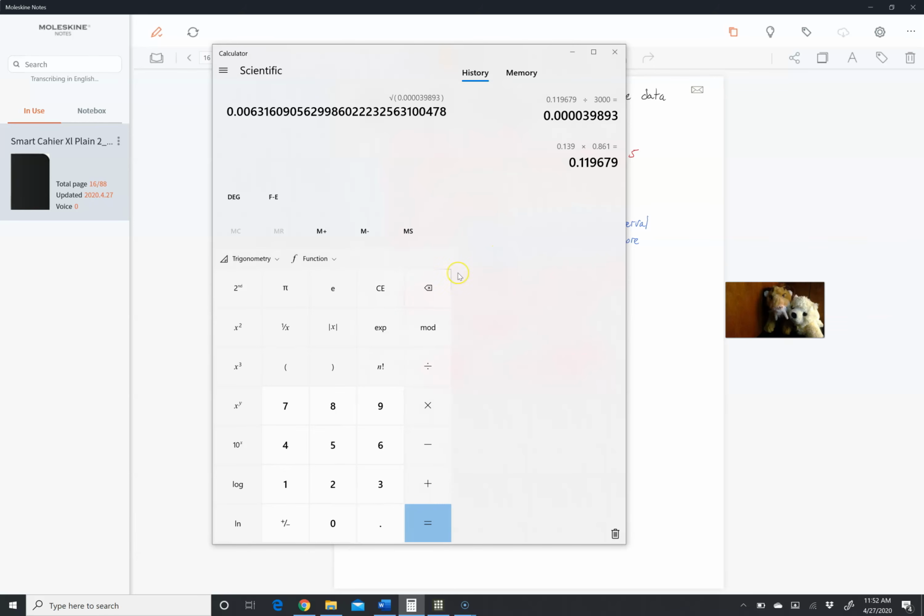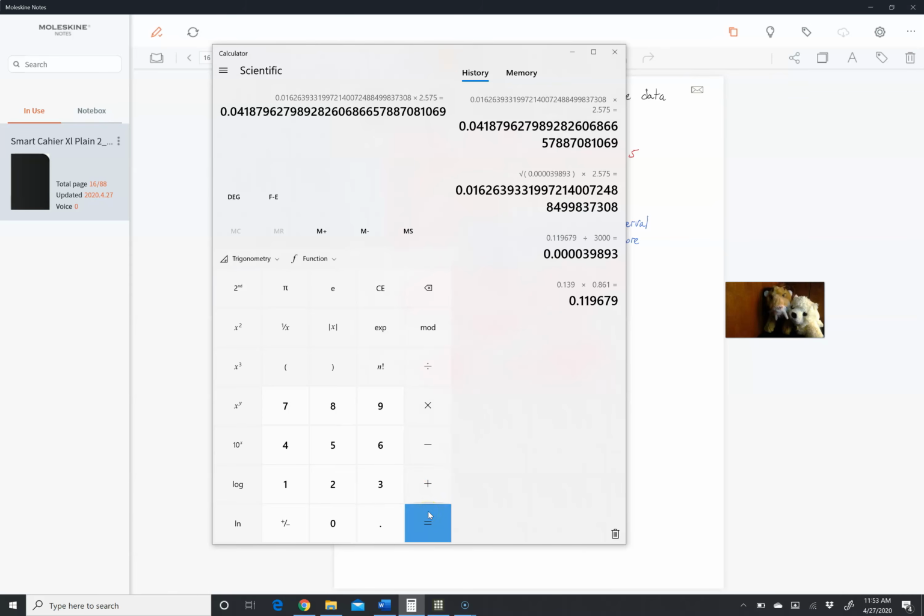Okay. And now we multiply by the 2.575, by the z-score. And we get 0.04187. So we can round to 0.04.